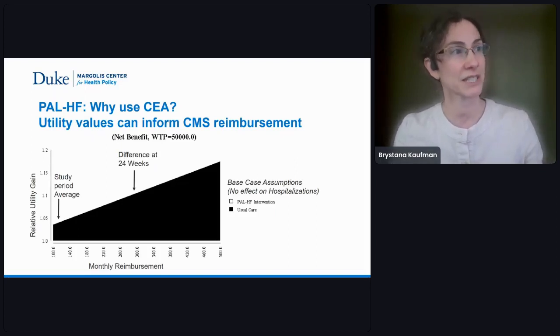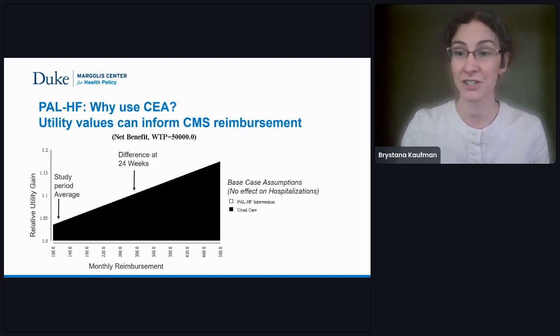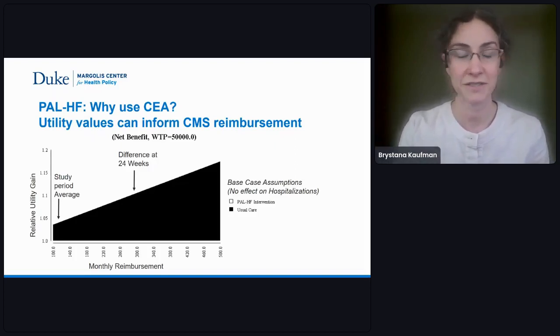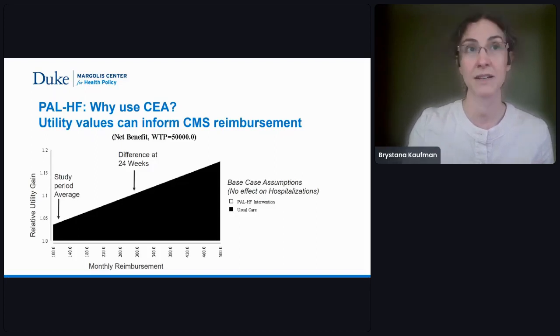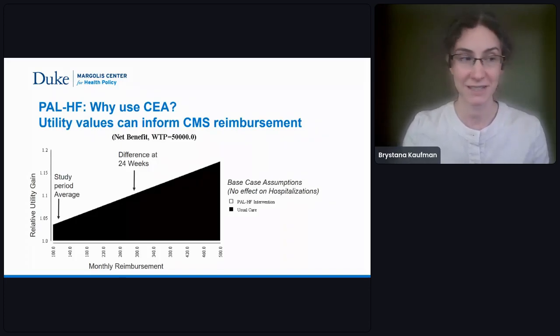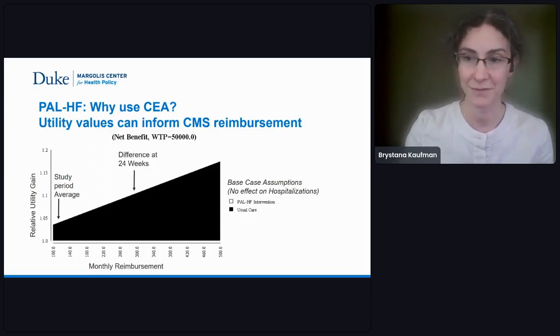And then we also looked at the difference at the end of the intervention at 24 weeks, which was quite a bit larger. So if that difference were sustained, then that would be the most relevant estimate to use. And over that range, the monthly reimbursement that CMS would be rational to reimburse ranged from $100 per member per month to almost $300 per member per month.